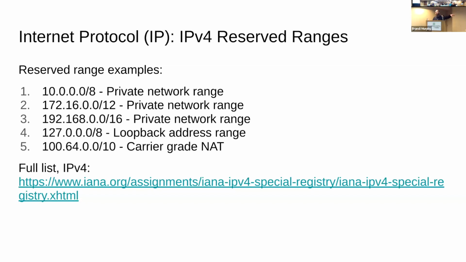But again, don't use that space unless it's your own private little network that never talks to anything ever. If you're connected to anything else and you use that special set of IP addresses, some routers will identify them, know what's going on, and not route it properly. If you want a full list of all of the reserved subnets, we have a URL there, and I believe the slides will be available. Yes, after.